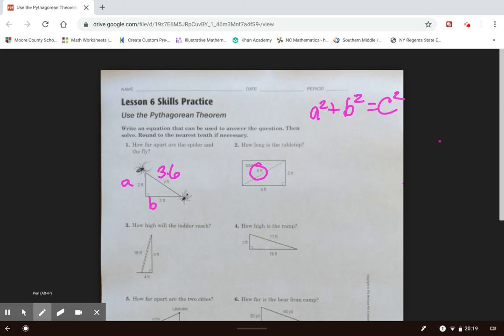We'll let this one be a, and this one is going to be b. I'm looking for a this time, so I'm going to have a squared plus 3 squared equals c squared, which this time would be 6 squared.